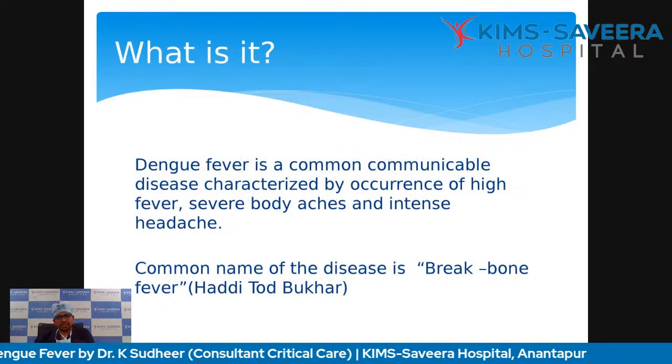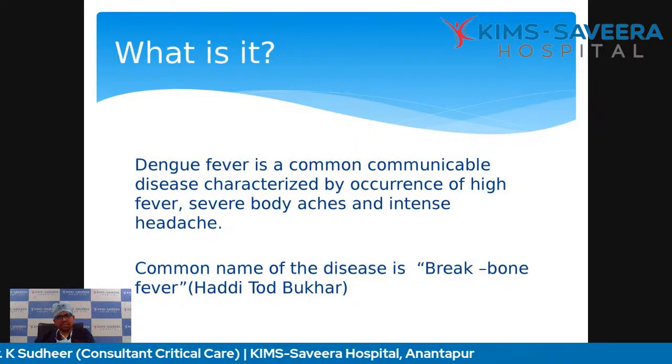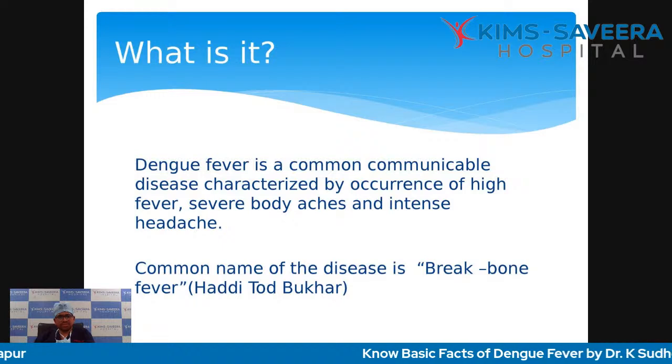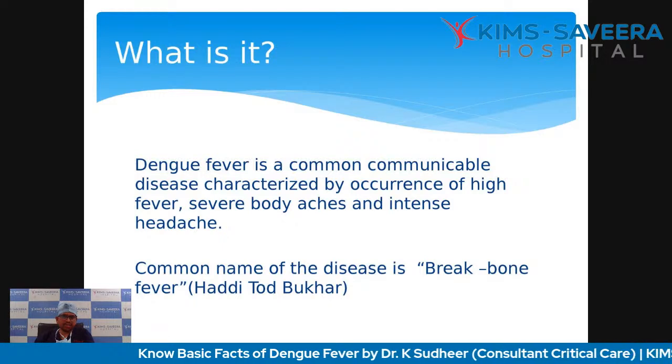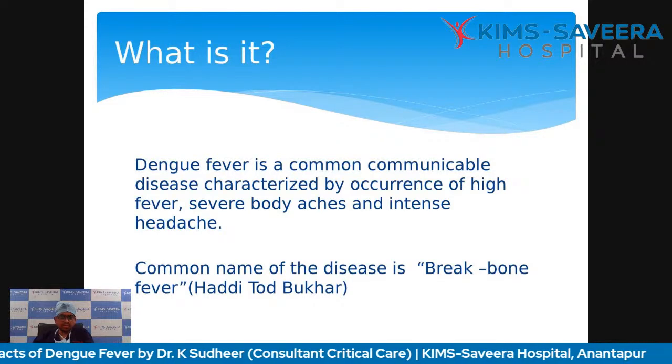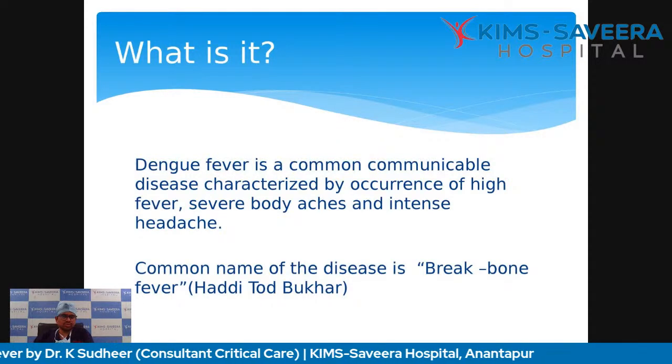What is dengue fever? Dengue fever is a common communicable disease characterized by high fever, severe body aches, and intense headache. Patients commonly complain of fever with very high body pains that are not bearable, as if their bones are breaking, so it is commonly known as break bone fever.